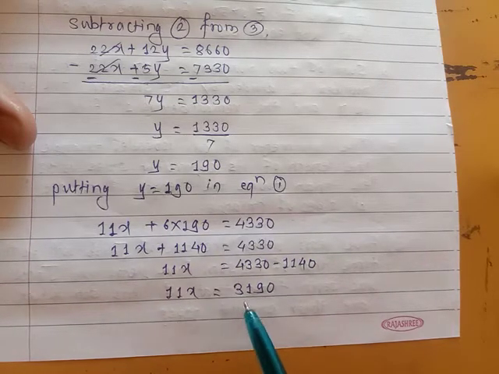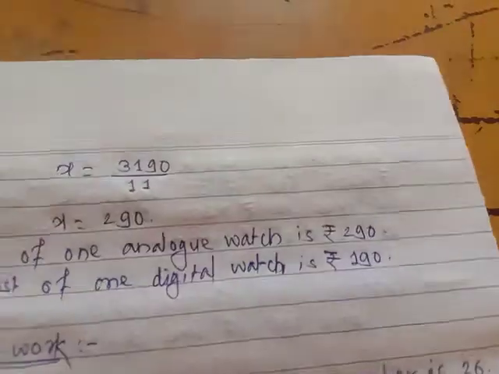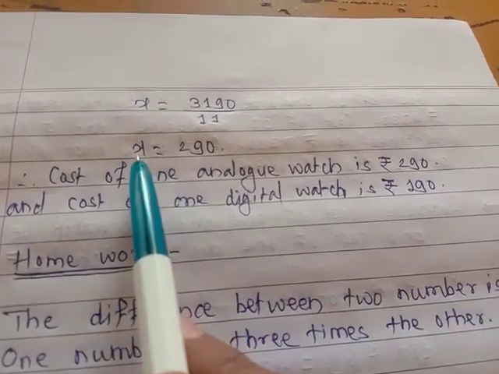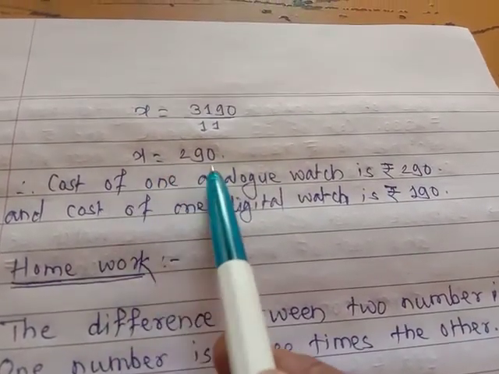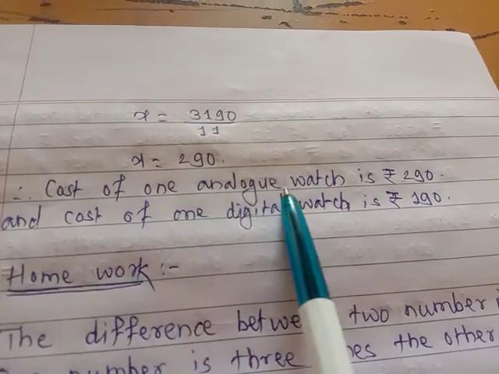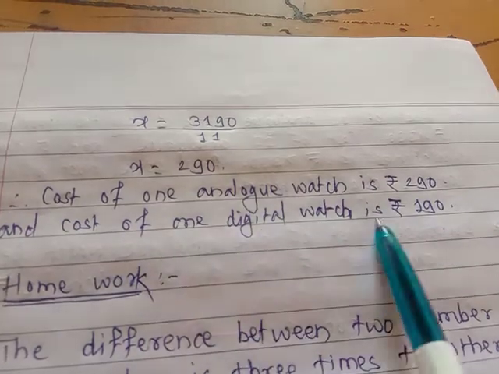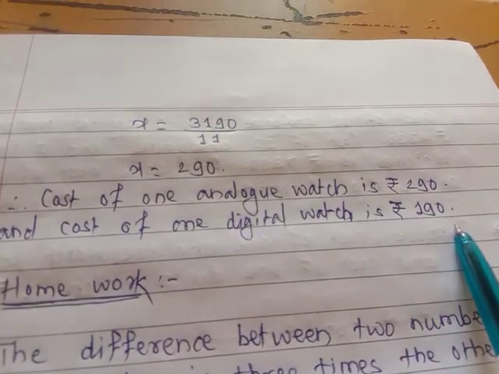So x equals 3,190 upon 11. We get the value of x equals 290. So the cost of one analog watch is rupees 290 and the cost of one digital watch is rupees 190.